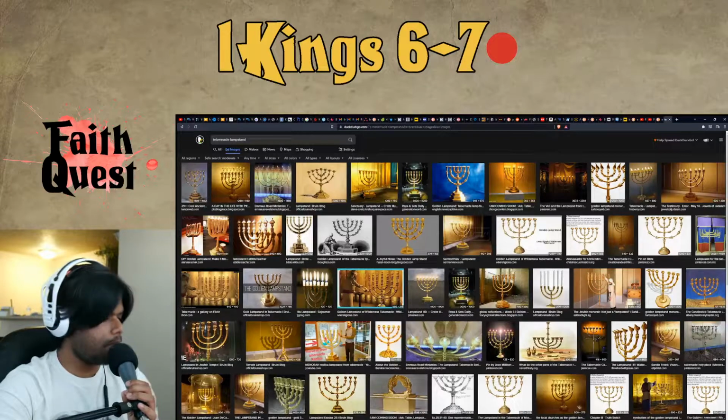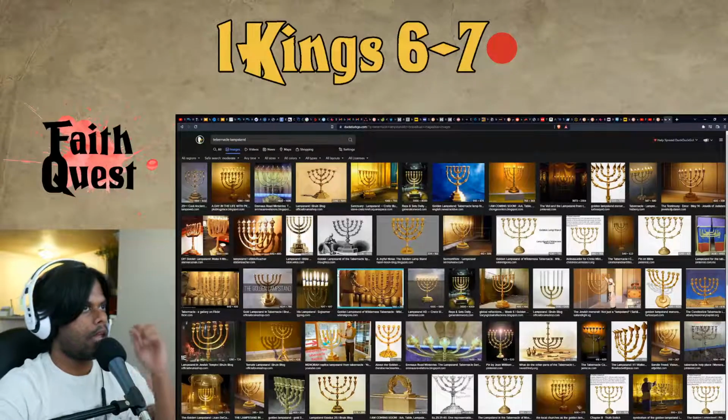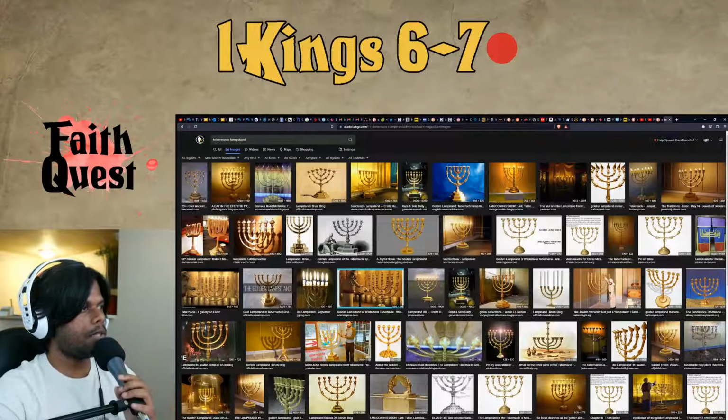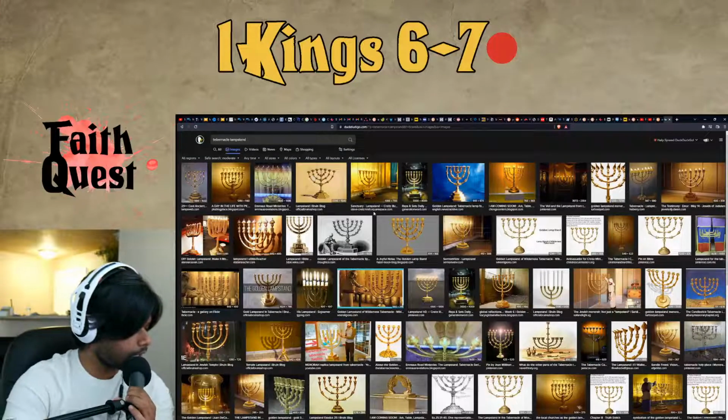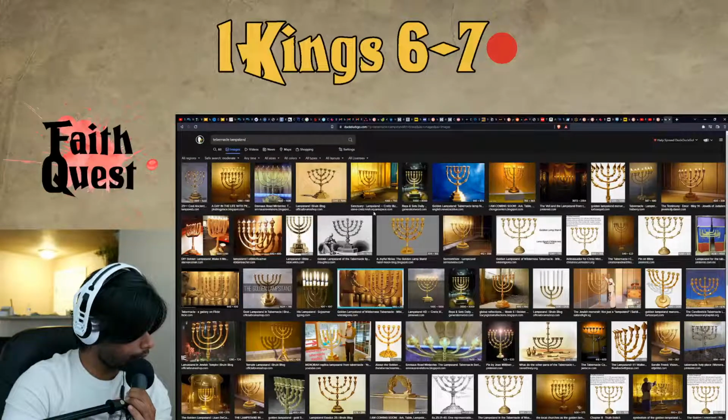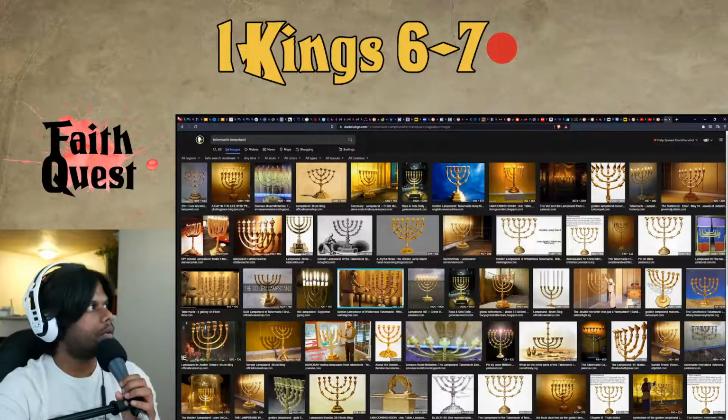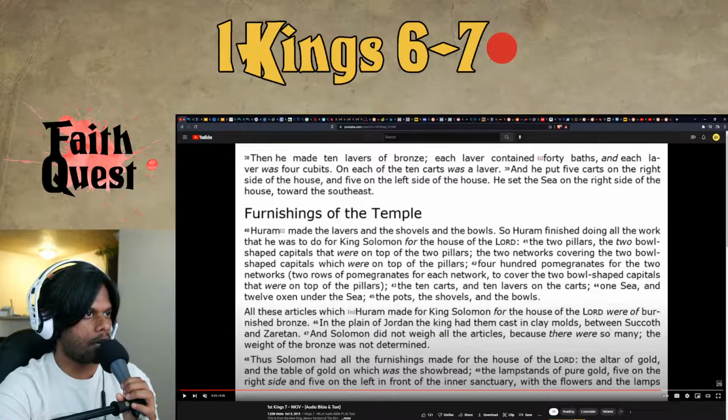Okay, see, so maybe the items that were in the tabernacle, like this lampstand, is not the same as, at least in the picture. Did they describe the lampstand here?